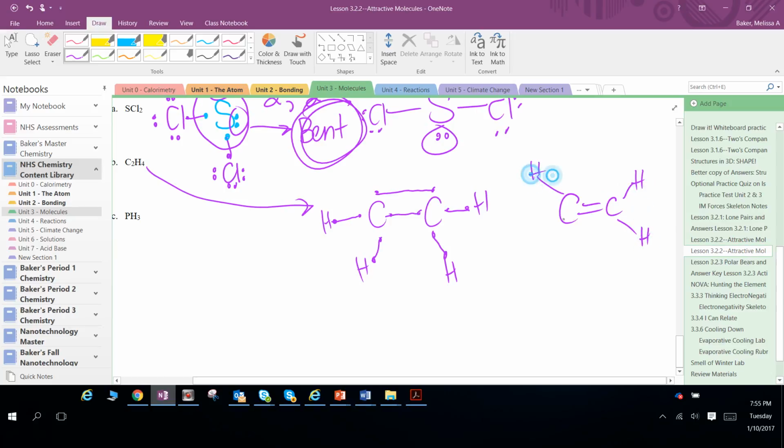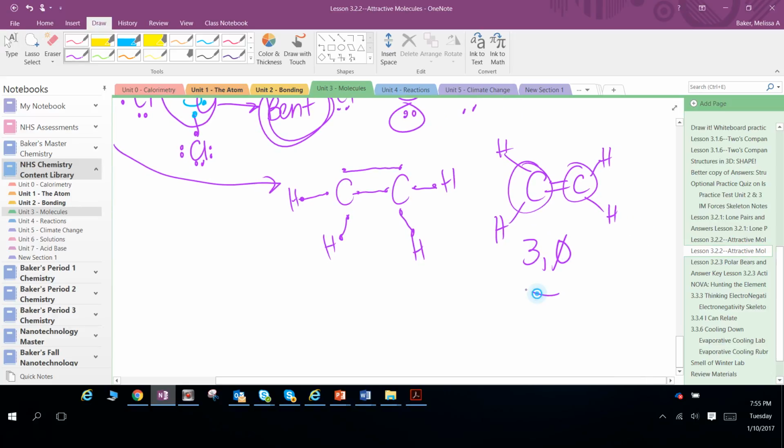Now there are 2 central atoms here, that is, atoms that are attached to more than one atom. This carbon and this carbon. They each have 3 things attached and 0 lone pairs. So that means each of them is going to have a trigonal planar shape.